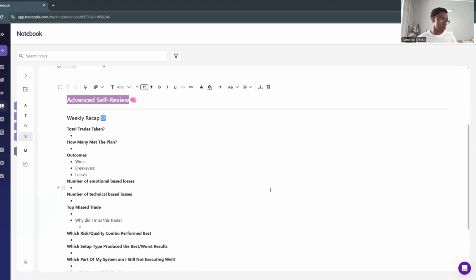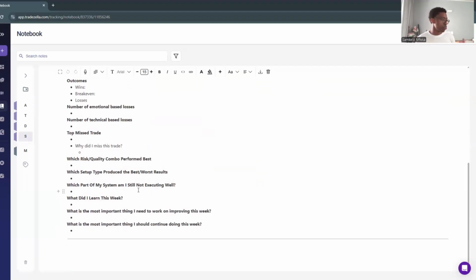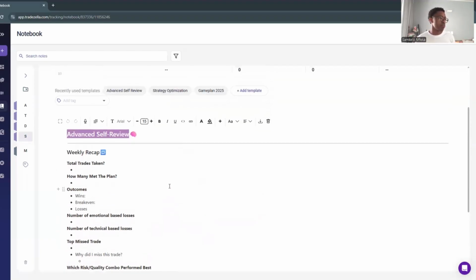Or if I'm noting that there's a particular part of my system that I'm not executing well, which you'll draw from your post-trade journal, then again, I just know where to improve. So this is where I log all of that, and this is reviewed weekly, but I think the information becomes more meaningful and important on a monthly, quarterly, and annual basis.